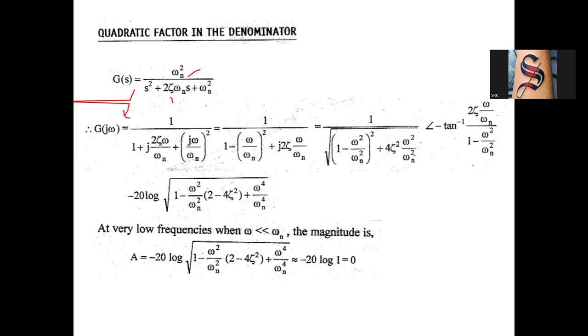For the second order transfer function, either in the denominator or in the numerator, the corner frequency is always omega n only.